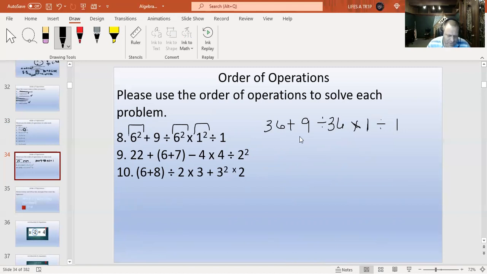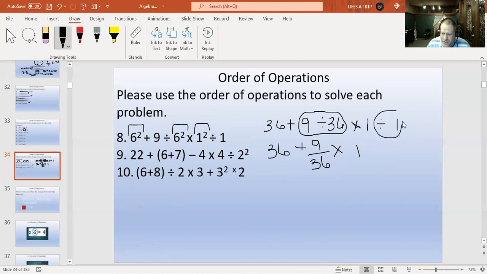Well, actually, let's do 9 over 36. Let's go ahead and take care of that because that's a little tricky spot. Times the 1.